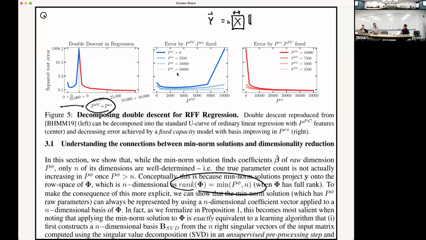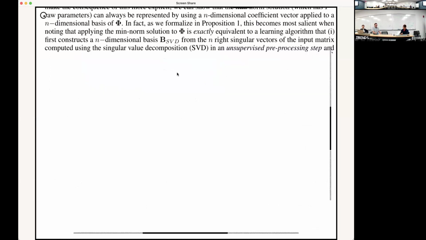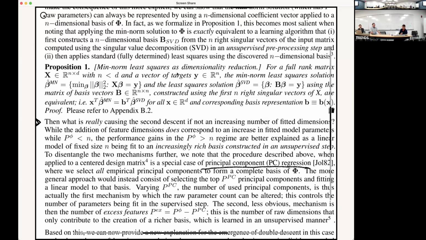So what they're claiming is this theorem, that the minimum norm solution here is equivalent to just picking the full rank part of the basis of that phi matrix.